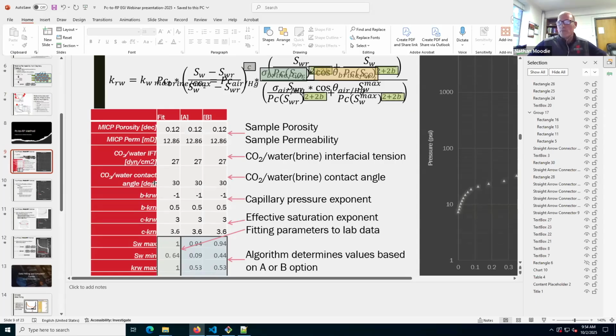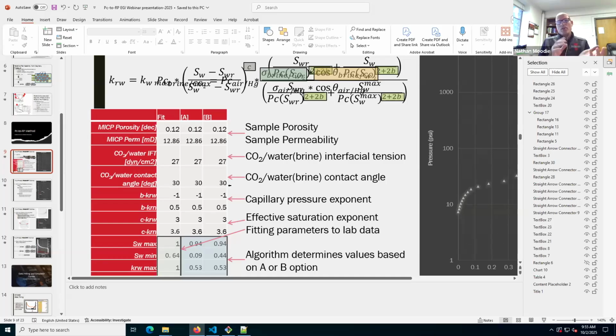So you could be in more of a mixed wet situation where your contact angle values are close to 90 degrees, or in an oil wet situation where these contact angles would be over 90 degrees, right? And so by doing that, you're able to tune that, whether you're in an oil wet situation versus a water wet situation under 3-phase conditions, with the contact angles here.